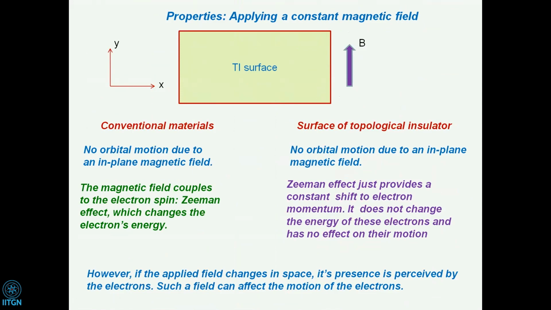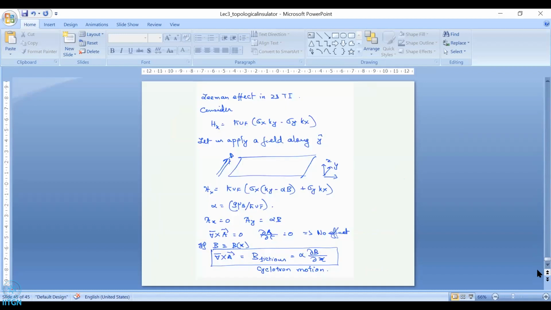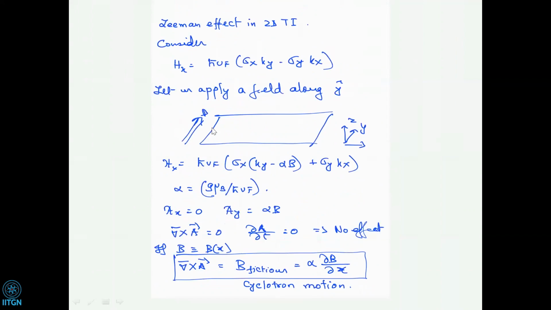And to see what happens, let me get back to one of the later slides, which is a supplementary slide. So imagine that this is my Hamiltonian at a given k, which is sigma x ky minus sigma y kx.